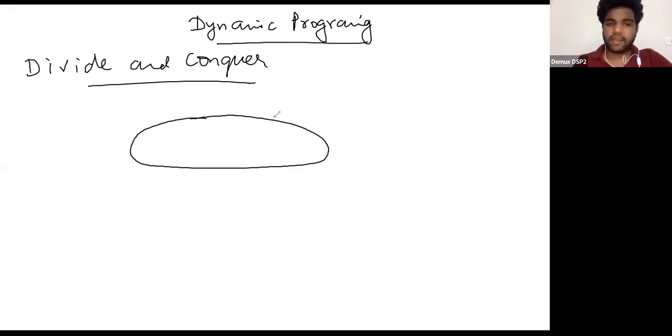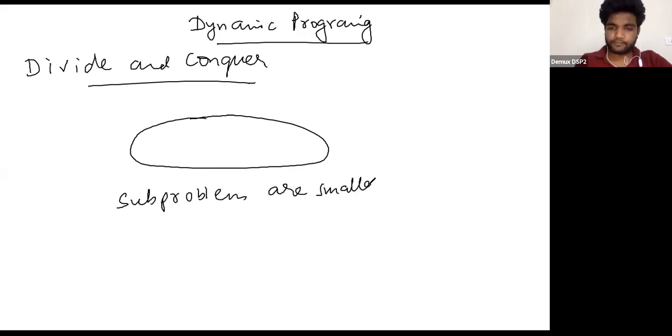You have a bigger problem that you want to solve, and instead you focus on solving subproblems. Subproblems are smaller instances of the same problem, and you combine these subproblems to obtain a solution for the bigger problem. So this is basically the paradigm that we use to solve a problem.